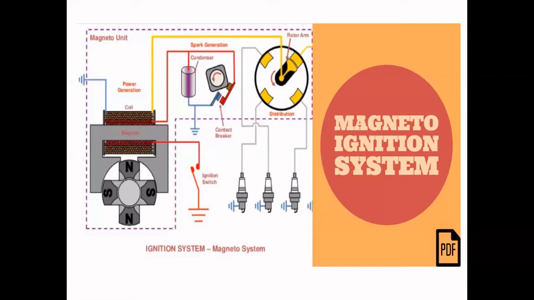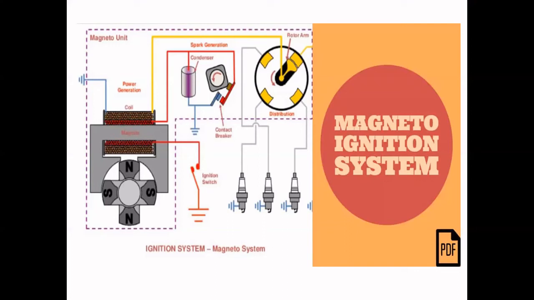This increased high voltage in the condenser will act as an EMF. What do you mean by EMF? Electromotive force. The increased high voltage will act as an electromotive force, thereby producing a spark at the right time, which is passed through the distributor.